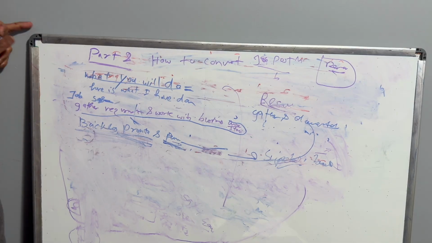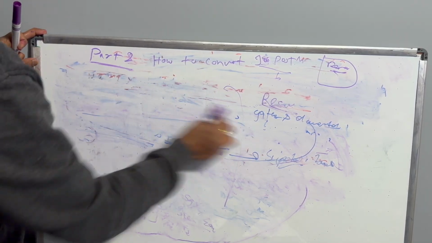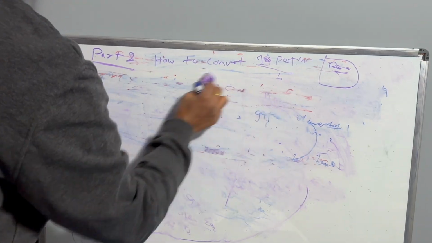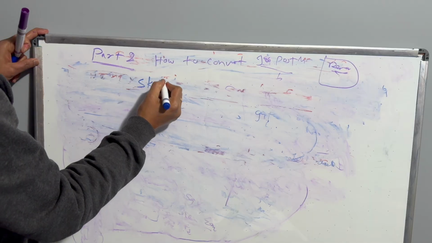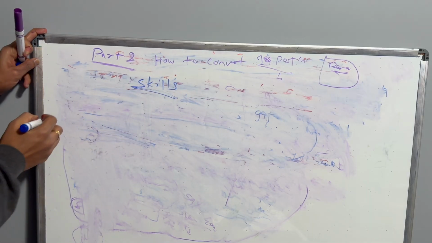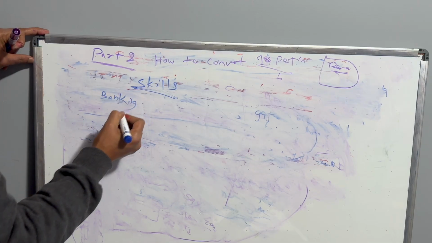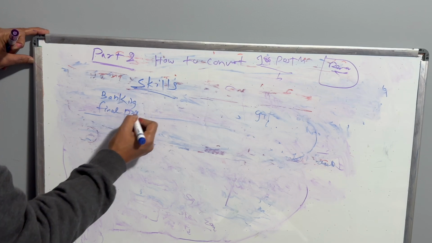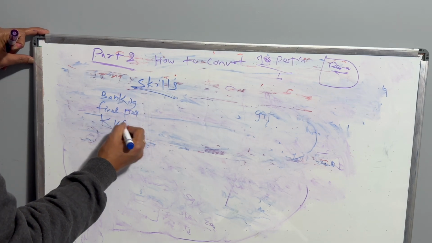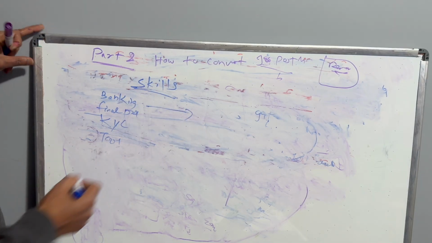Skill section. So now let's go to the other section, the skill section. So required skills. The job requires banking, financial product, if you remember, right? Financial product, KYC and tools. So how do you write it in your resume?